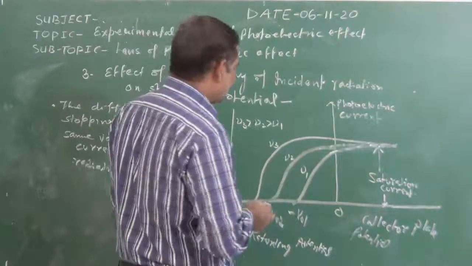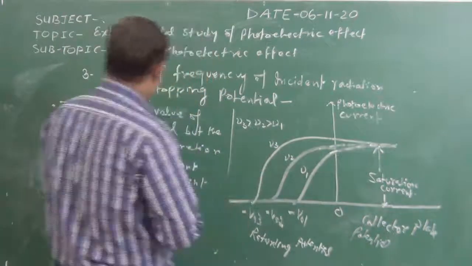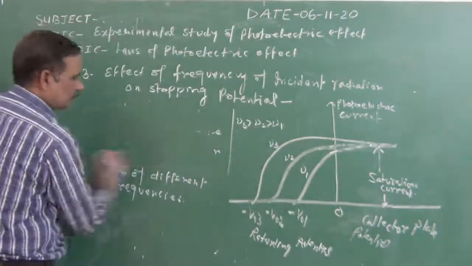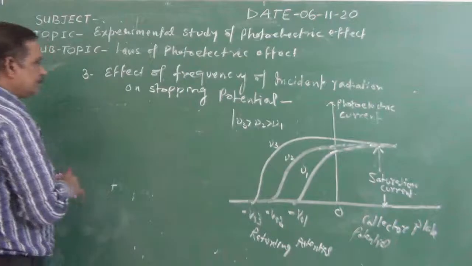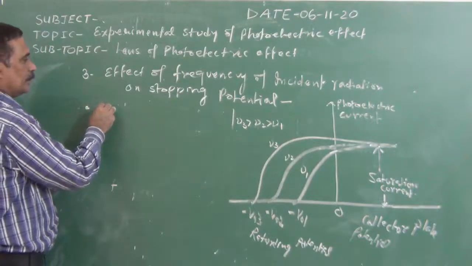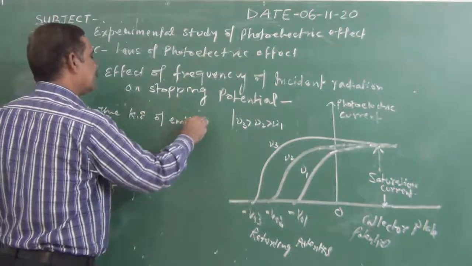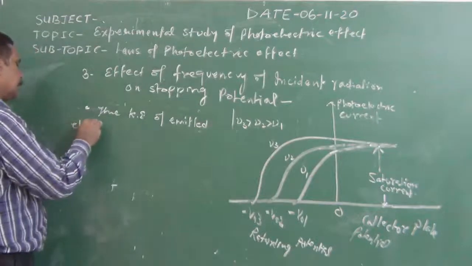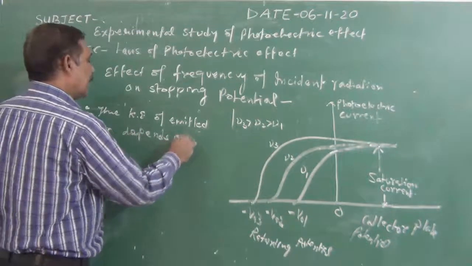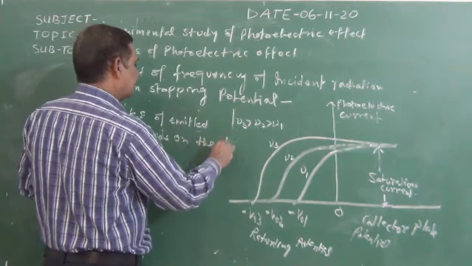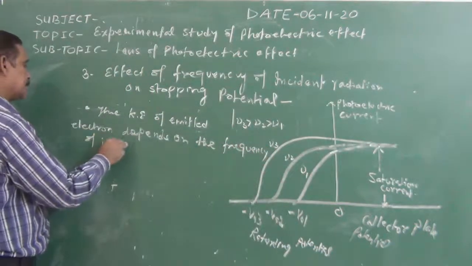Now the second point, the maximum kinetic energy of electron depends on the frequency. Second point, the kinetic energy of emitted electrons depends on the frequency of incident radiation.